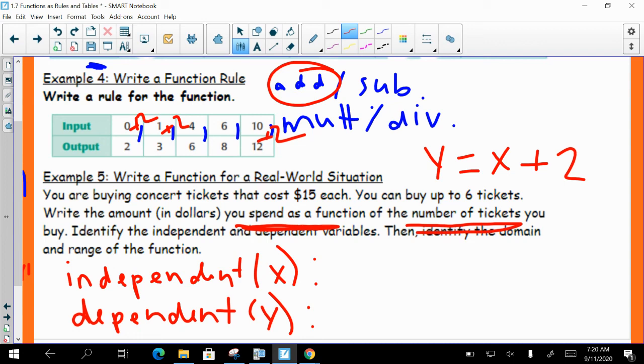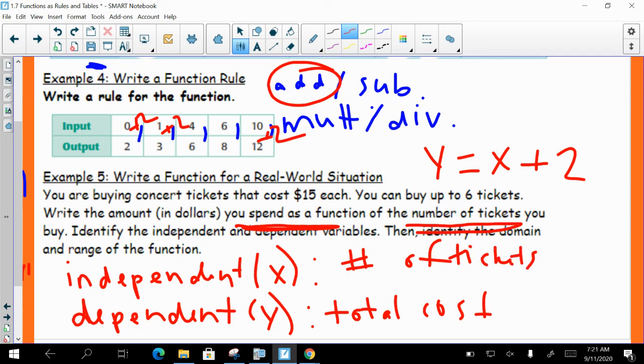In this case, the amount of money you spend is the dependent variable, so total cost of tickets or money spent. Usually total cost and money spent is going to be the dependent variable, whereas the number of an item you buy is going to be the independent variable. The number of tickets.